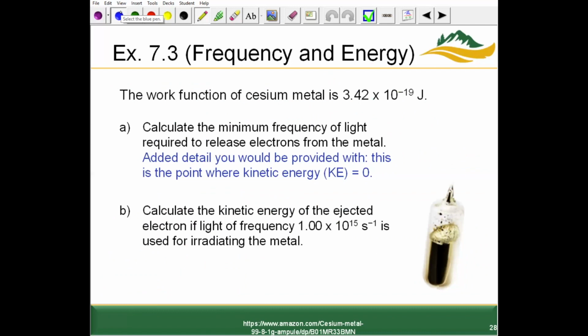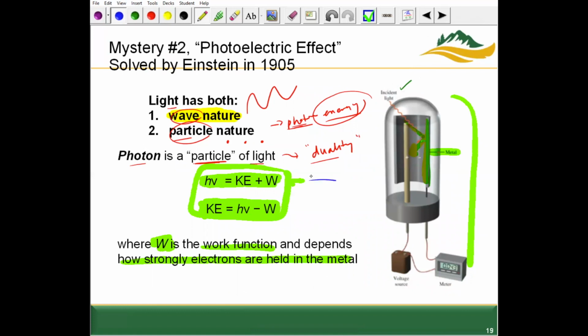Let's do one more practice problem together because I want to show you how we incorporate that work in there. So using the equation we saw earlier, but have not used yet. So we saw this one. I told you to do an example with this. So let's see how we can use this equation to solve for kinetic energy, potentially frequency or work.